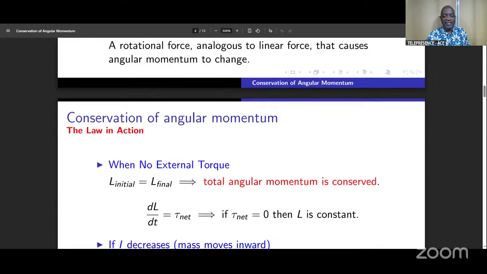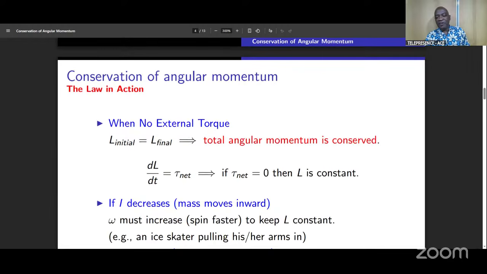So how exactly does conservation of angular momentum work? Remember that the net torque acting on a system is measured as the rate of change of that system's angular momentum.